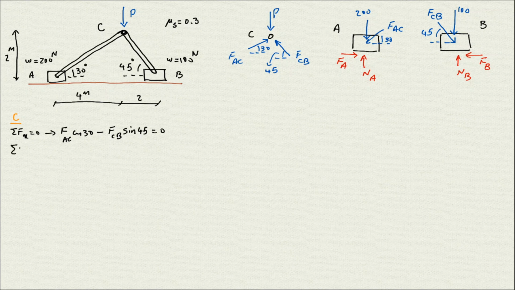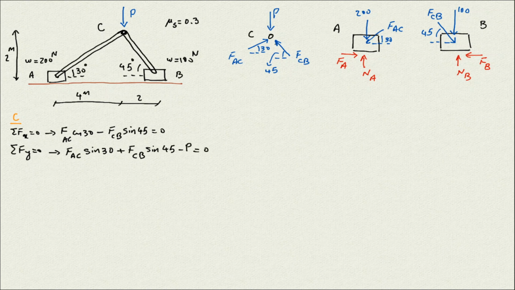And then if I write sigma Fy is 0, what I would get is FAC sine 30, and then we have also the positive FCB sine 45 minus P is 0.